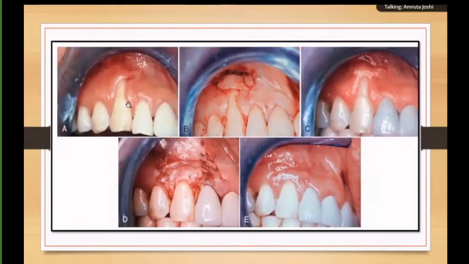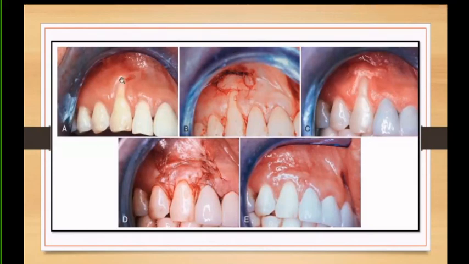See here, there is a recession on the canine. We have done a combination here. First we did a normal free gingival graft, the first technique that we learned. In the second picture, we have taken the free gingival graft and put it below the root of the canine. Why?